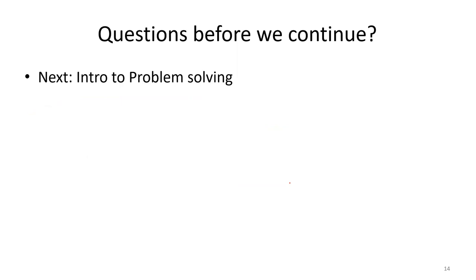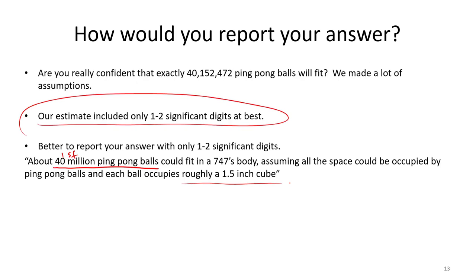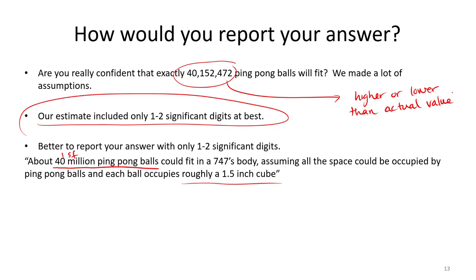All right, so one question before we move on to problem solving here. Do you think this estimate is higher or lower than the actual value? Well, think about our assumptions.